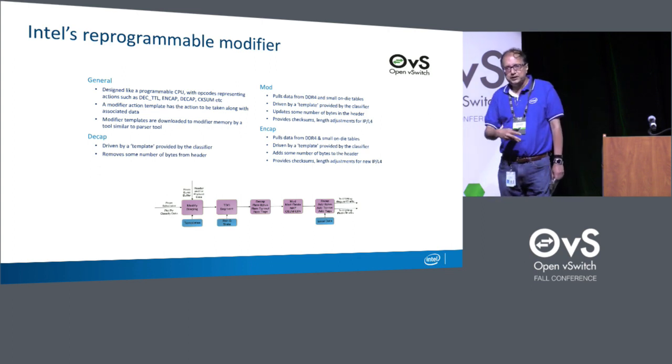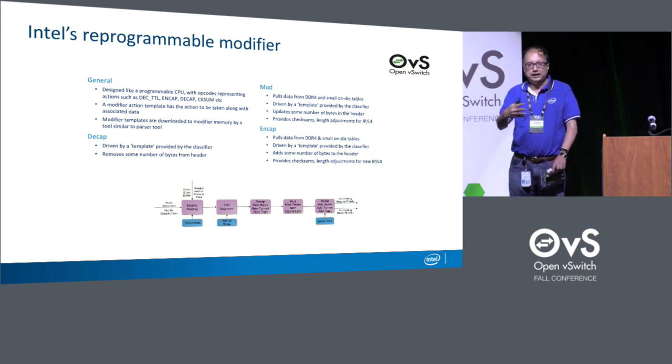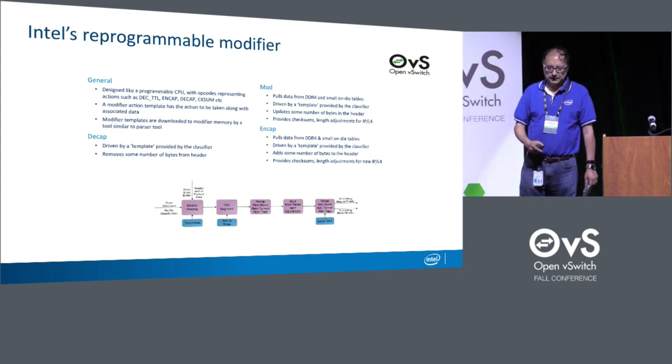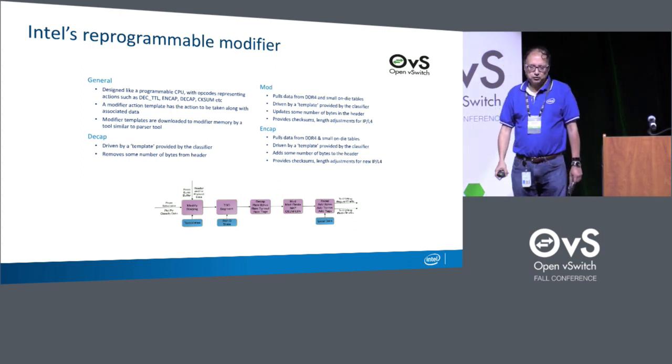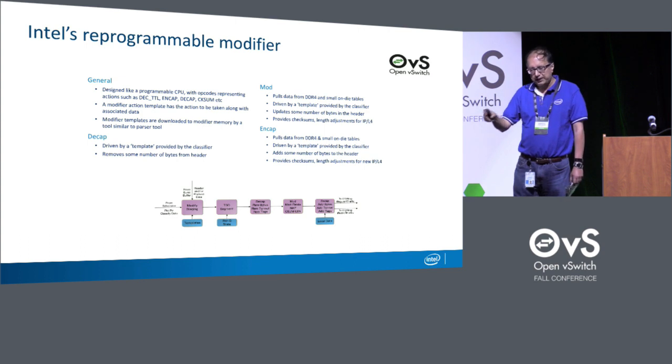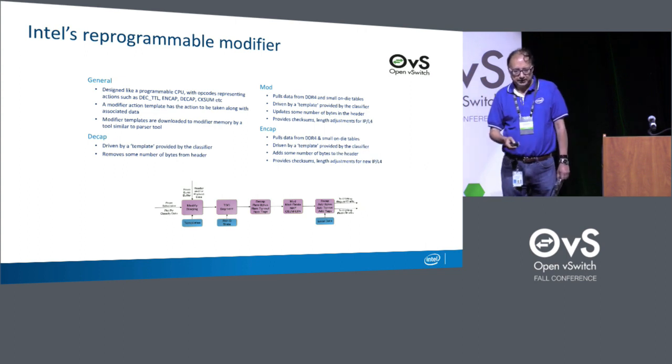And for encap, it would be the opposite, where along with the incoming stream, some additional bytes of data will be inserted. For modifications, it pulls data from the DDR memory from the actual packet and makes the modification, again, based on the template.